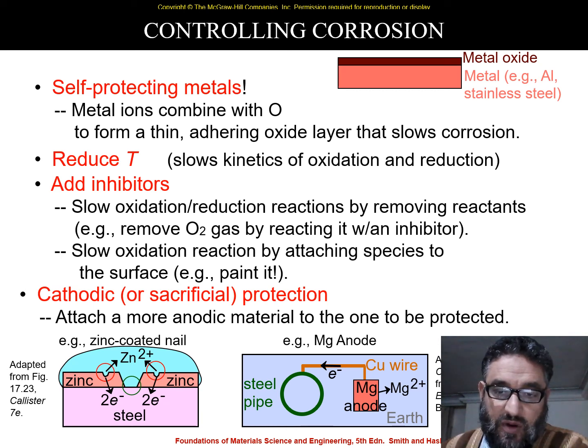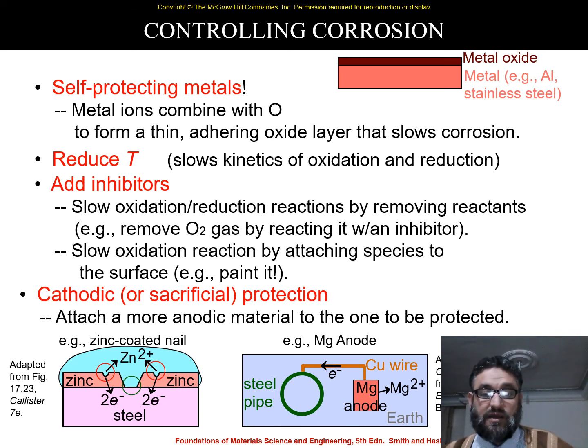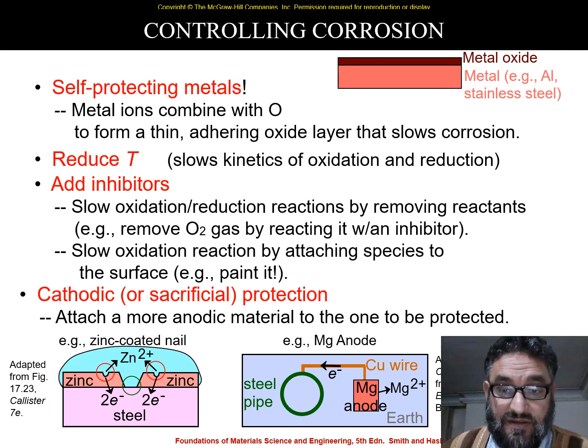The magnesium will work as an anode, and the steel pipe will be the cathode that prevents the corrosion of the pipe. Anyway, the cathodic protection is providing our metal with an electron source to prevent it from dissociation from the bulk of the metal.